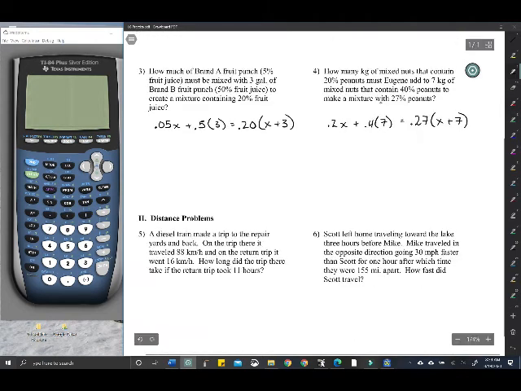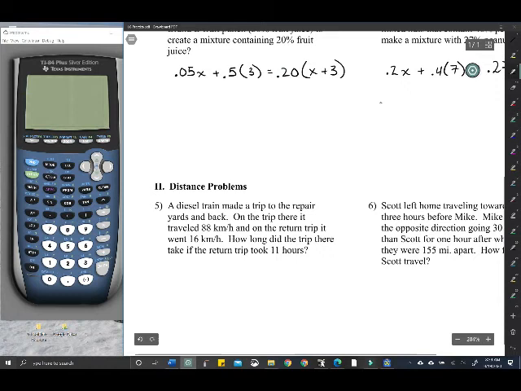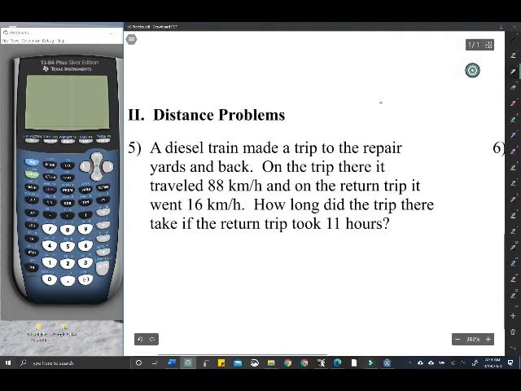All right, distance problems, setting these ones up. Diesel train made a trip to the repair yards and back. So again, the distance is the same, so we're looking to match rate and time is equal to rate and time. On the trip there, it traveled 88 kilometers per hour. On the trip back, it went 16 kilometers per hour.